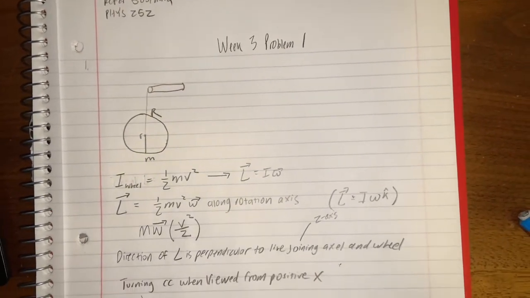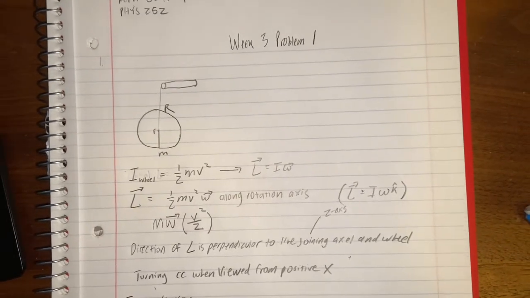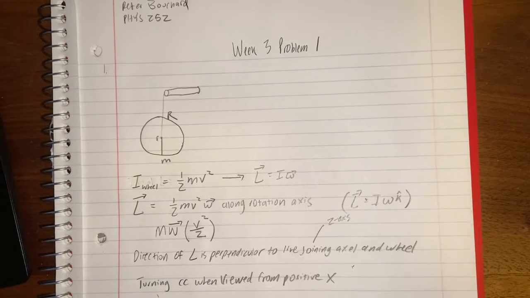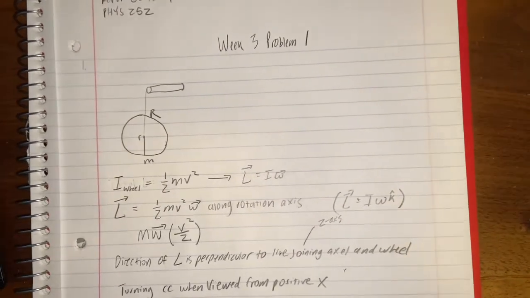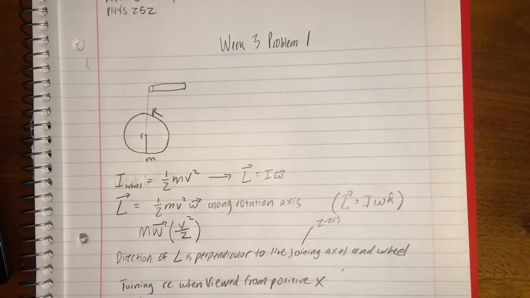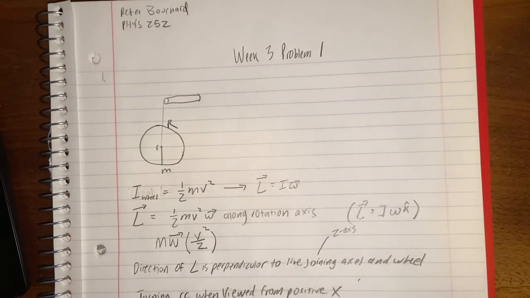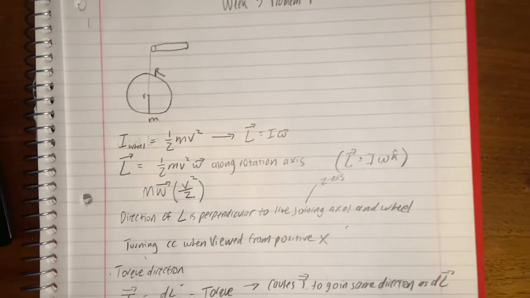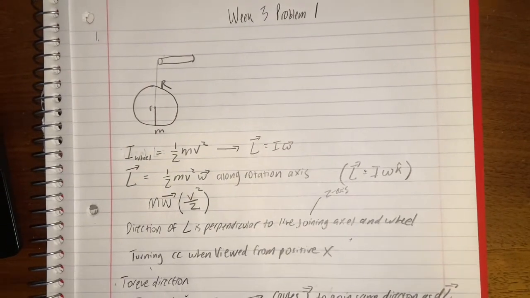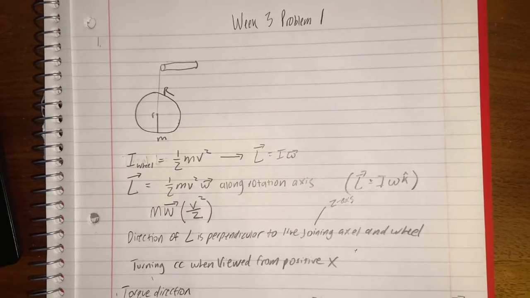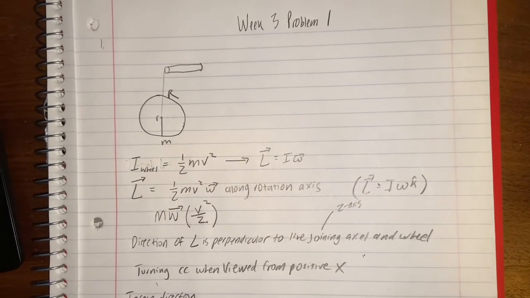So first we are trying to find the direction of the angular momentum and also the initial angular momentum. The way I approach this is I first solved for the inertia, which we know for the wheel is 1/2 mass velocity squared, and we know that angular momentum is that 1/2 mass velocity squared, which is the inertia, times the angular velocity.